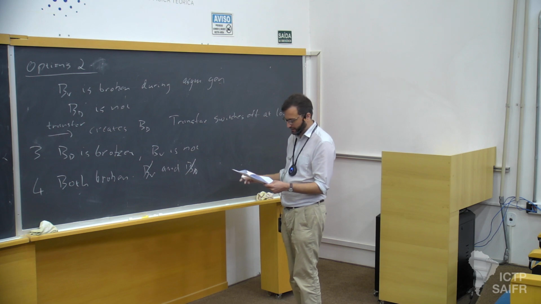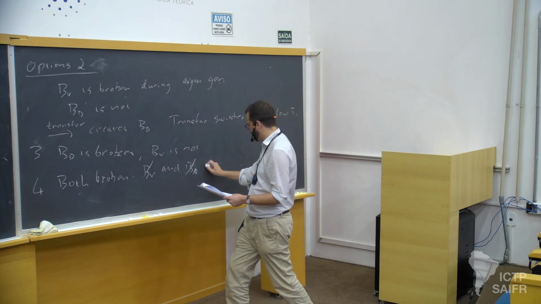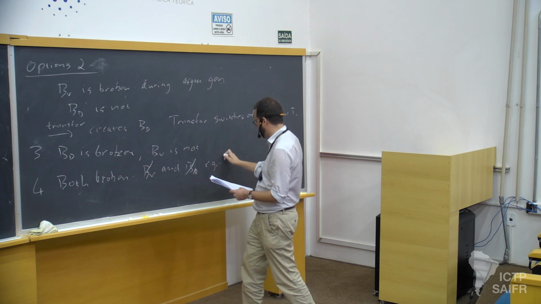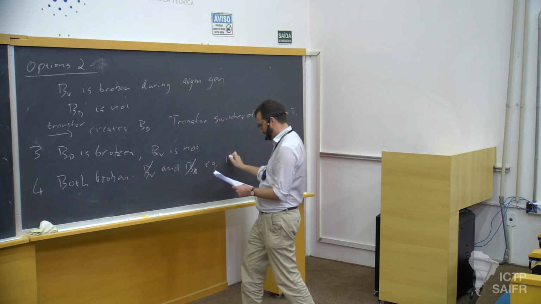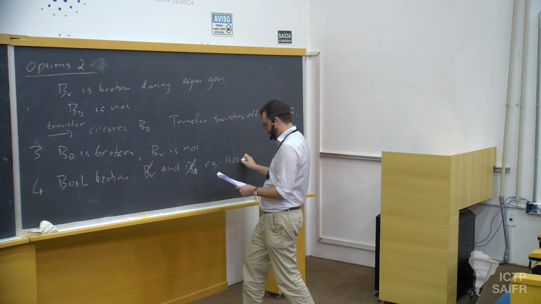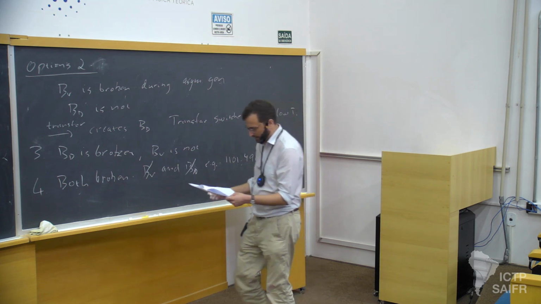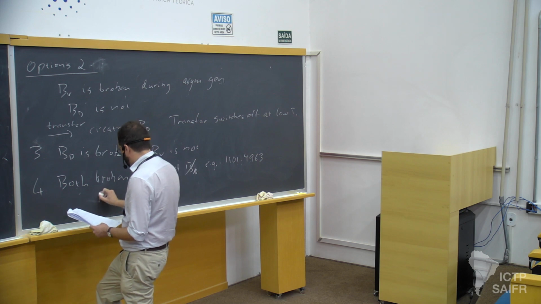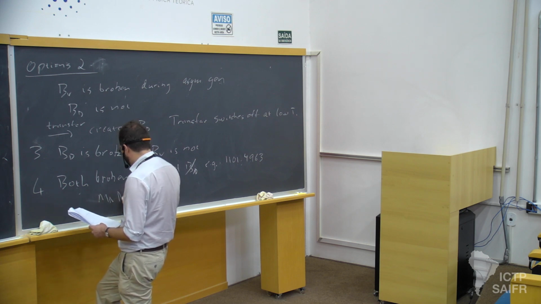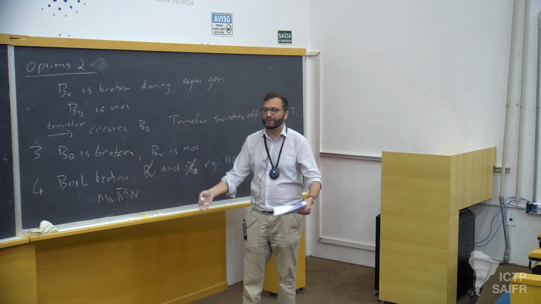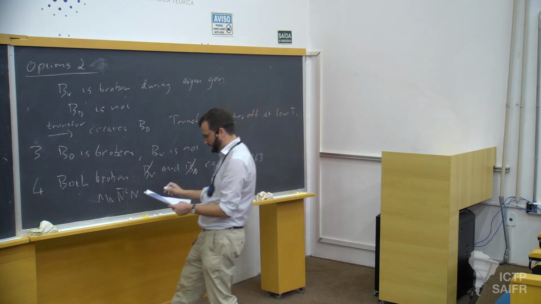Just to give an example that will make the idea much clearer, this comes from a paper, 1101.4963. Say we have some heavy Majorana neutrinos, like in leptogenesis.